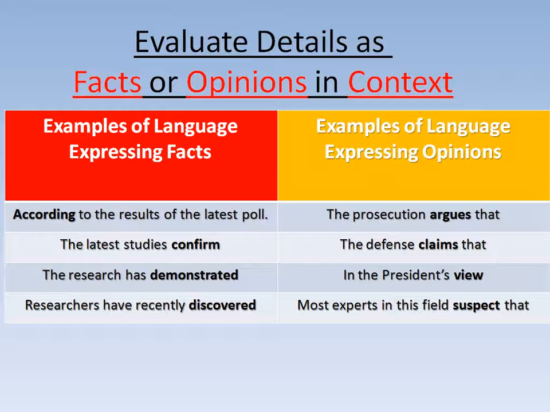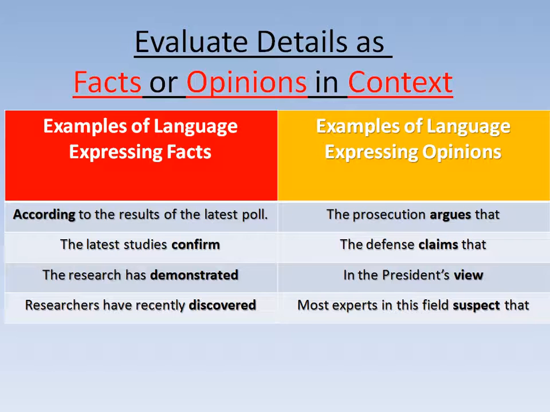Now, we've already studied biased words and qualifiers that signal an opinion. Let's look at some examples of language that express opinions. That would be to the right of the chart. The prosecution argues that. That means the prosecution has one particular stand. The next one says that the defense claims that.